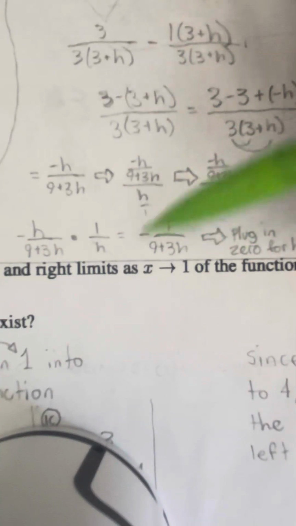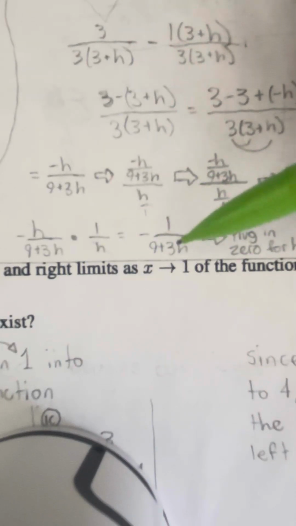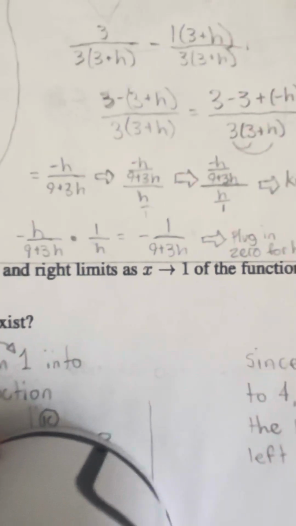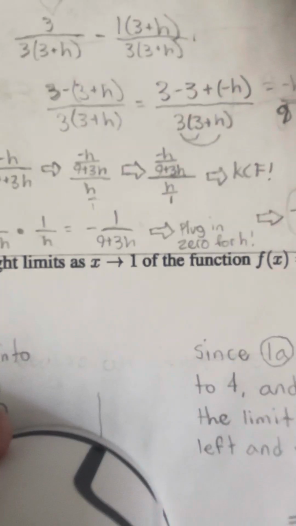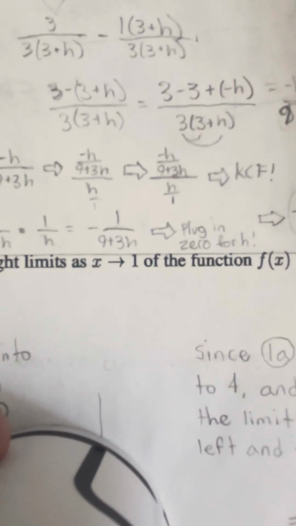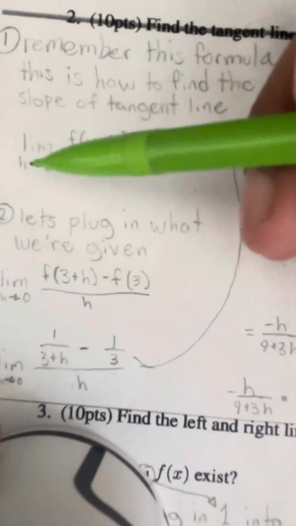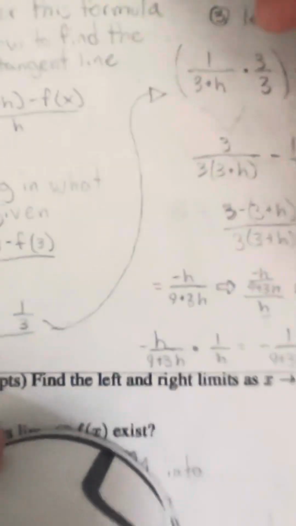Okay, so now we see this. This looks a lot better, and we're now able to plug in h. Because the limit is as h approaches 0, right?